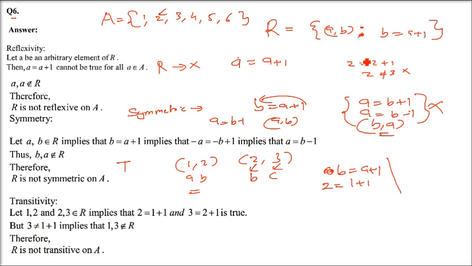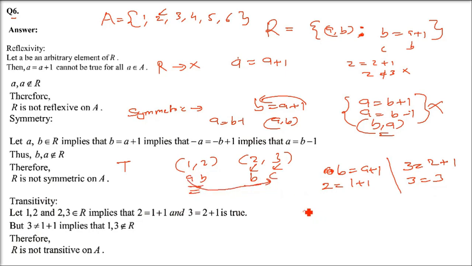So what do you see here, that I am putting in b equals a plus 1 first a and b, and then in b equals a plus 1 I am putting b and c. That is, in place of a I am putting b, in place of b I am putting c. So 3 is equal to 2 plus 1, 3 is equal to 3. So 2 is equal to 2 and 3 equal to 3. So our two conditions are true. Third condition we have to meet.